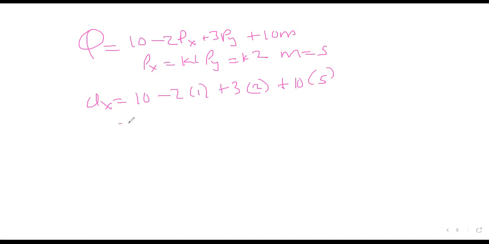So this ideally will be 10 minus 2 plus 6 plus 50. So our quantity now will be: 10 minus 2 is 8. 8 plus 6 is 14. 14 plus 50 is 64. Get your maths right for doing this.